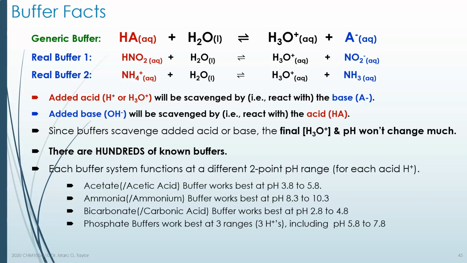It turns out when you lose the second proton, that happens between pH 5.8 and pH 7.8. So buffers using those versions of phosphate work best between these 2 pHs. But there are 2 other pH ranges that certain phosphate buffers will work at. One that's much lower than this and one that's much higher than this.